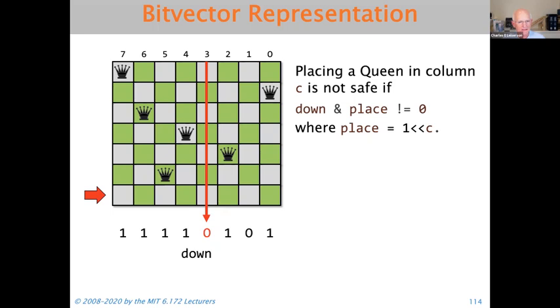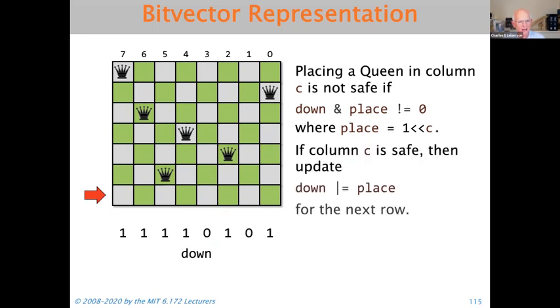If column C is safe, then we can update down just by doing an OR equals with the value of place for the next row. In this case we would get a 1 in that position.